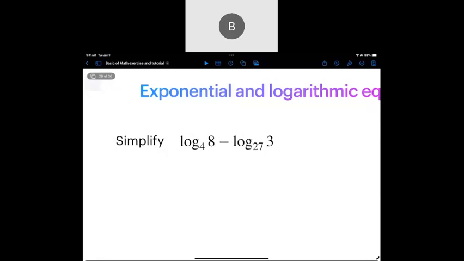Or you can just use the basic definition of log. But I would like to try using some special property to help you and to give you some idea how to solve questions like this.